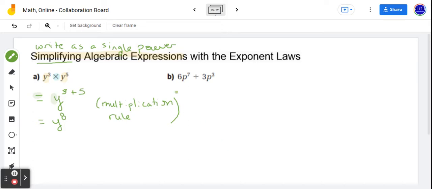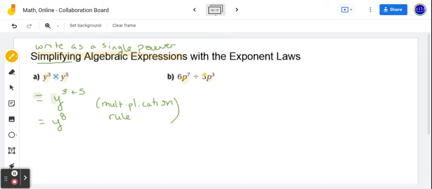Let's have a look at what's over here on the right-hand side. Not only do we have powers with the same base, we also take note of the following.